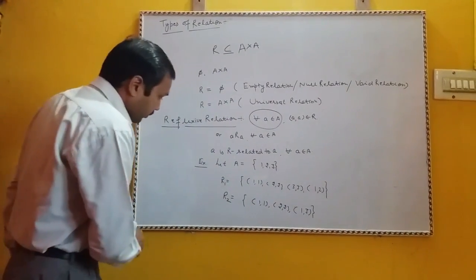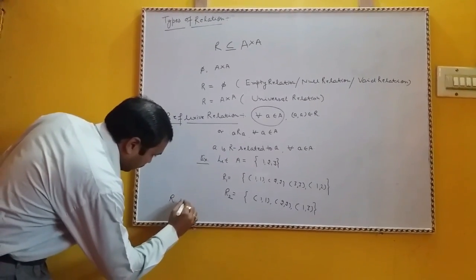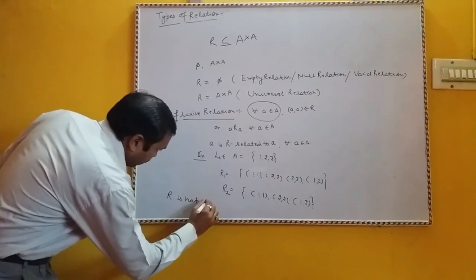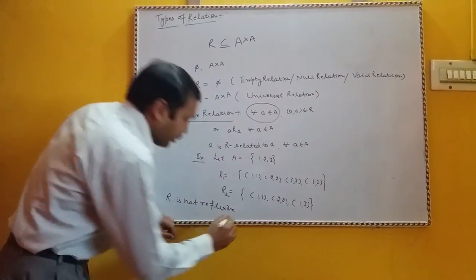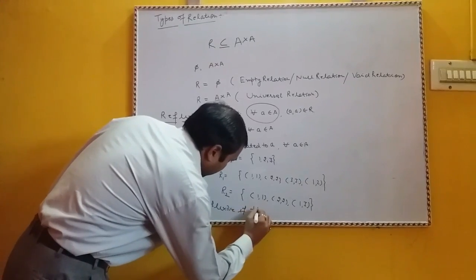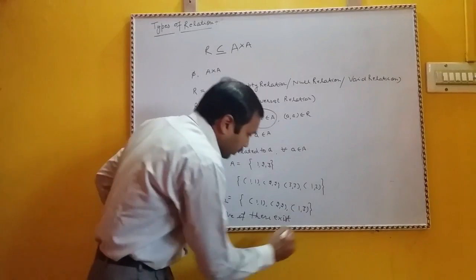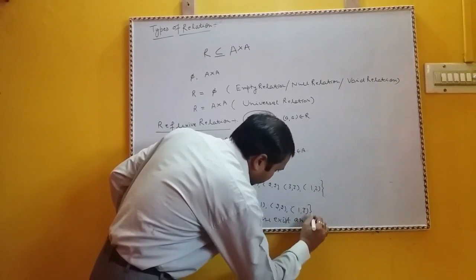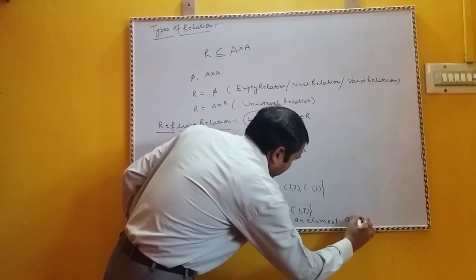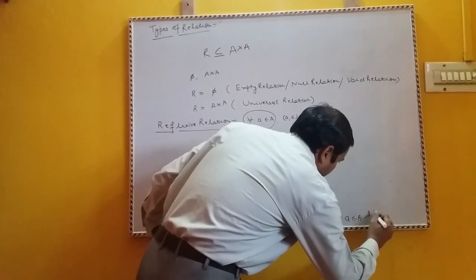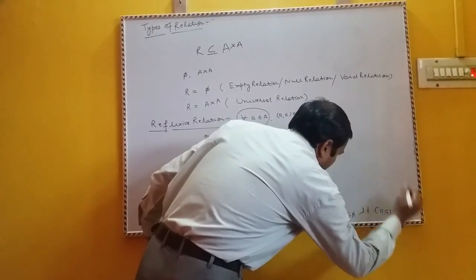When we say a relation R is not reflexive, R is not reflexive if there exists an element A belongs to A such that A comma A does not belong to R.